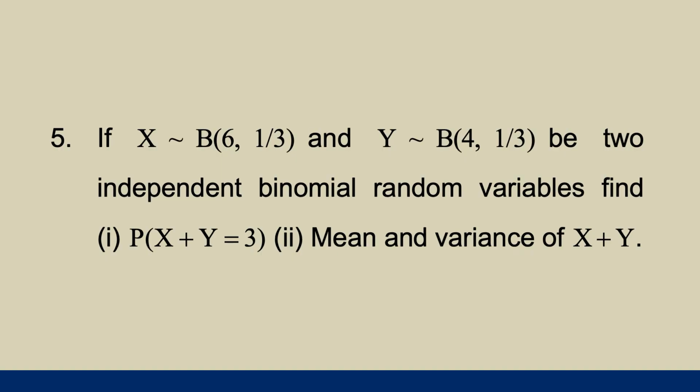Suppose x is a binomial random variable with 6 and 1 by 3 as the parameters, and y is another binomial random variable with 4 and 1 by 3 as parameters, and they are independent random variables. Can you find the probability of x plus y is equal to 3, or can you find the mean and variance of x plus y, like that.